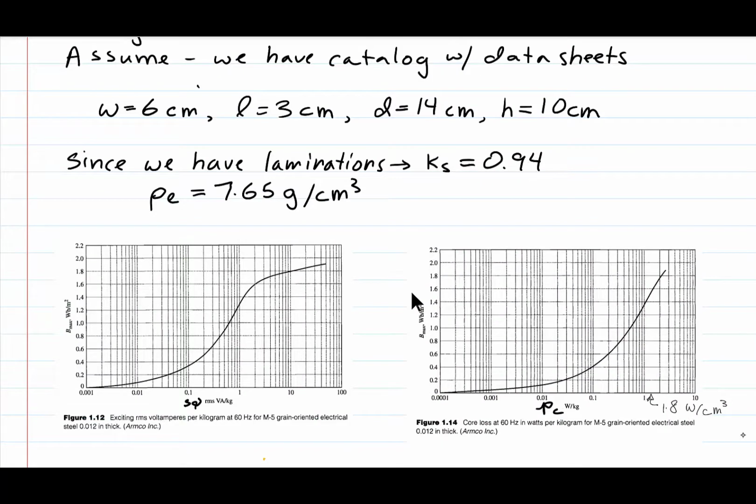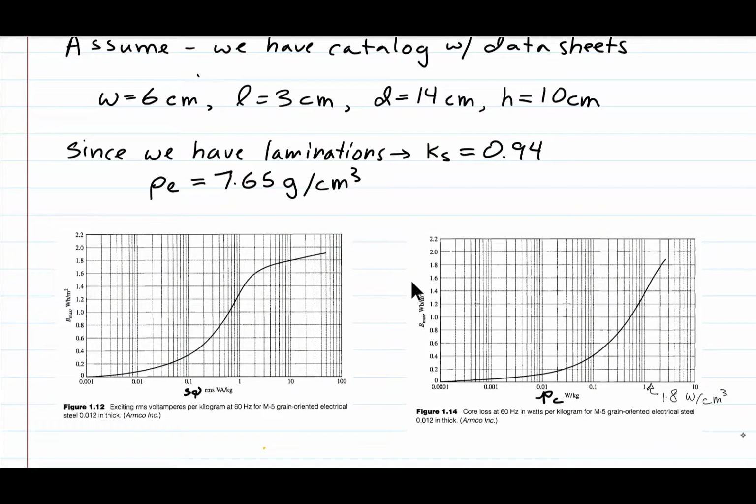We also have given to us in our data sheets a number of curves associated with this material. This curve here on the right shows us the excitation volt-amperes per kilogram. This comes right from the book, and he calls it the exciting volt-amperes. If you want to call it that, that's fine. Notice that it's in VA per kilogram. This is intended to be a general measurement.